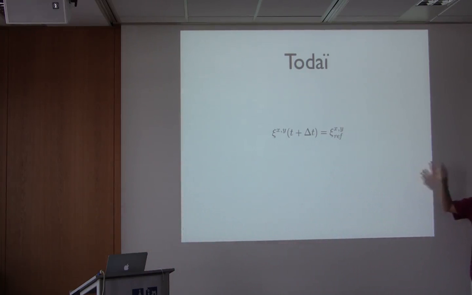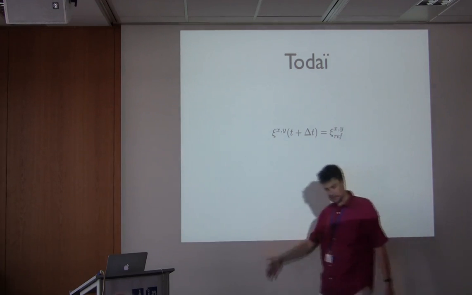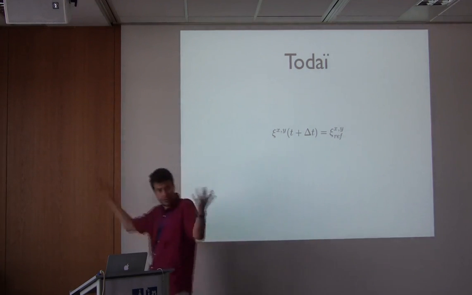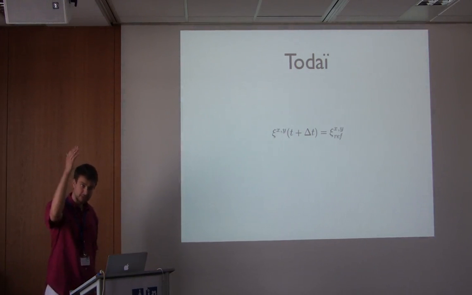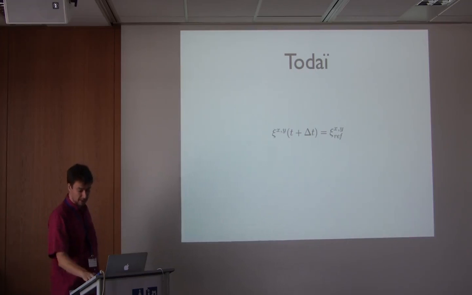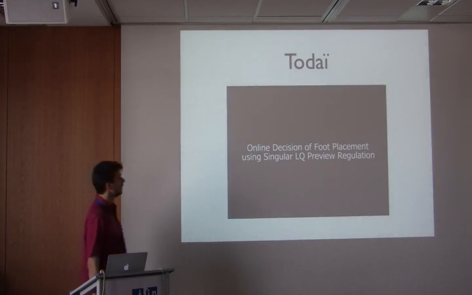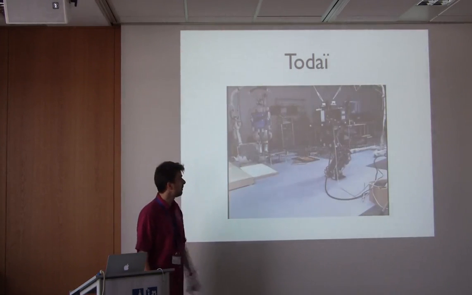Terminal constraint, which is the capture point, should be controlled to some desired value after n steps. But then those n steps are free. Just do whatever you want. Put your steps wherever you want, and just impose that after n steps you stop. And that's all you need to have online decision of replacement. And you will see.